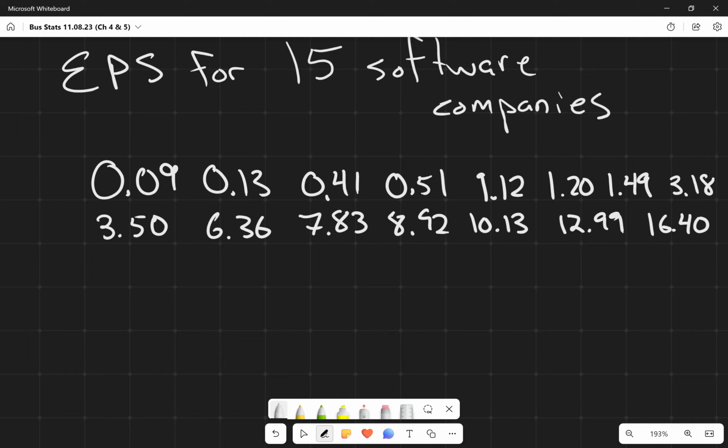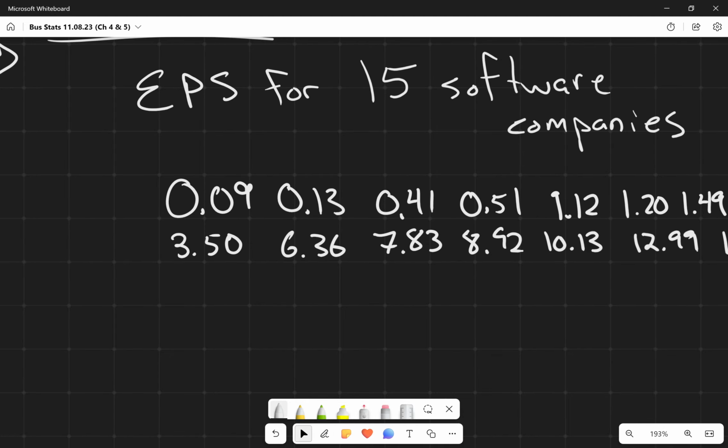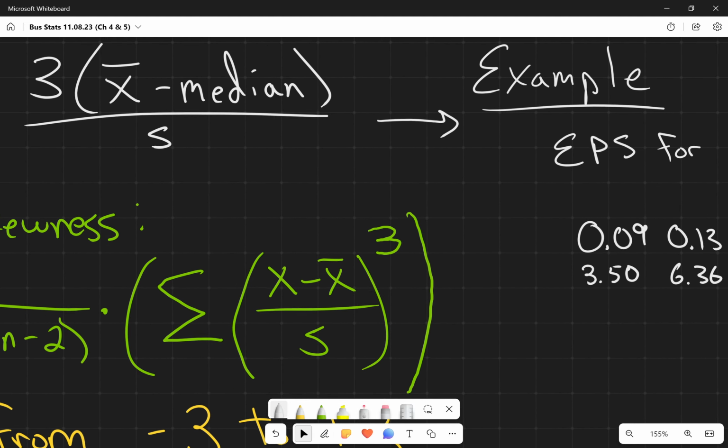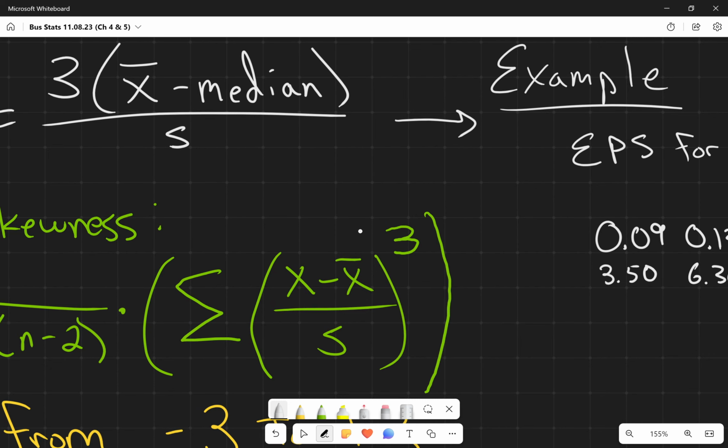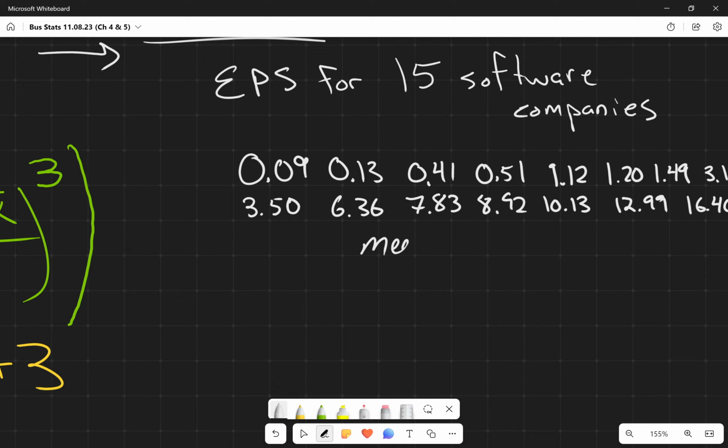To find the skewness, our formula has our sample mean, our sample median, and our sample standard deviation. So we need to calculate our mean, median, and then our standard deviation in order to calculate the skewness.